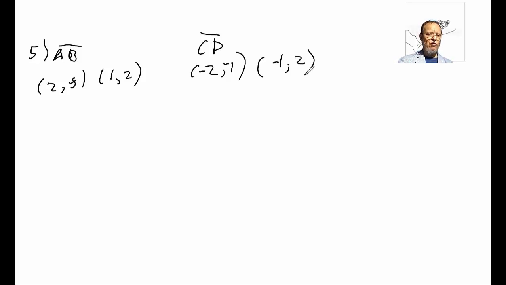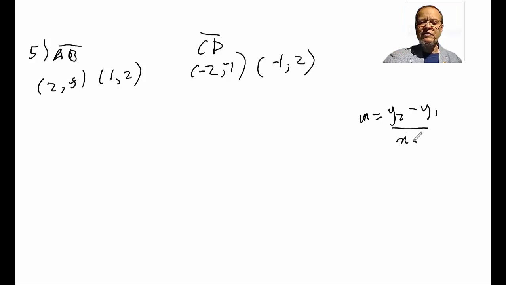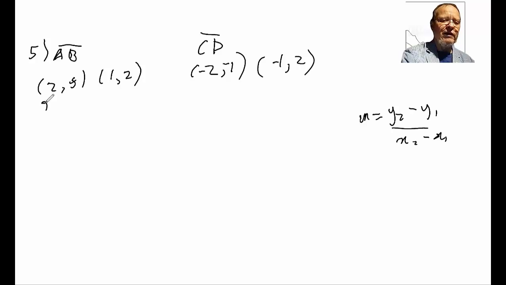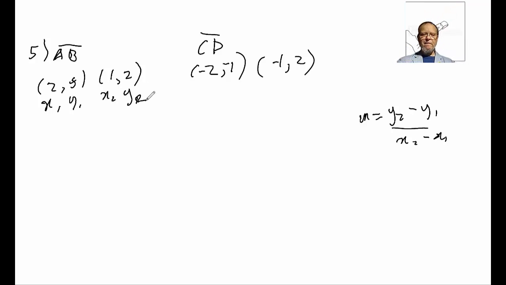So as before, we use our formula: m is equal to y2 minus y1 over x2 minus x1. For the first line segment, AB, I'll label x1, y1, x2, y2, and then plug in accordingly.